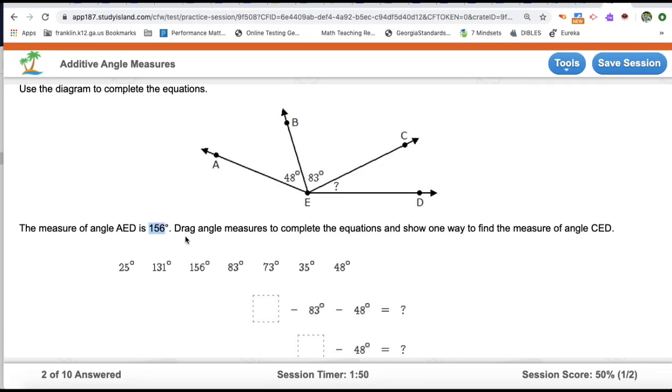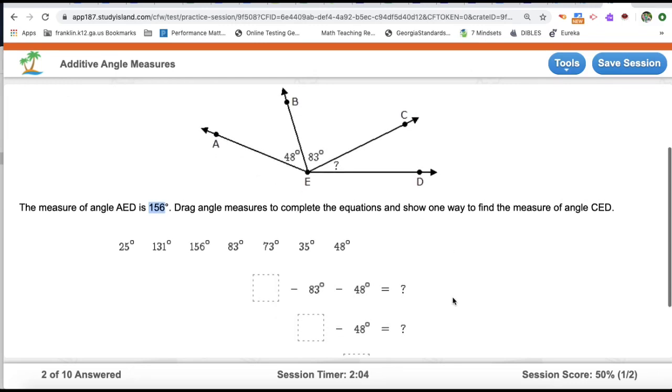It says drag angle measures to complete the equations and show one way to find the measure of angle CED. So here we have something minus 83 minus 48 is going to give us what we're missing. And I know that that something is the overall angle measure. I still have that highlighted here. I know the overall angle measure is 156.